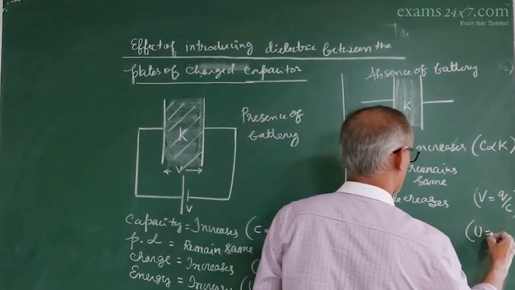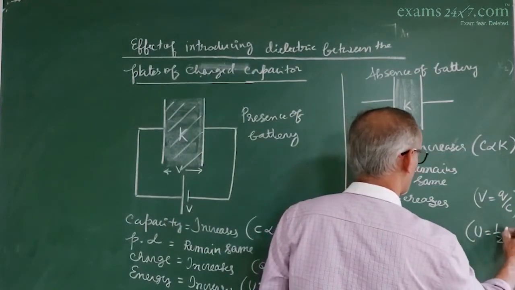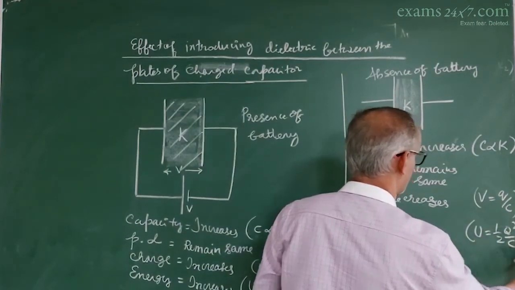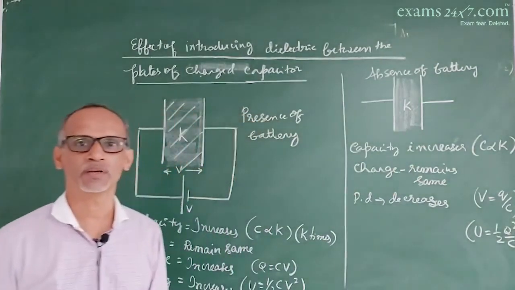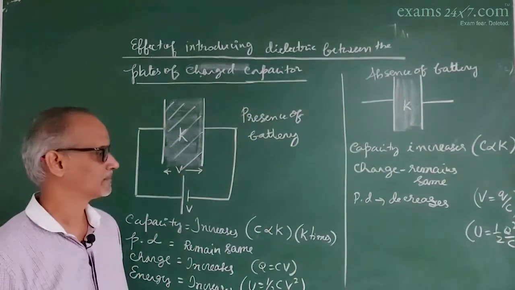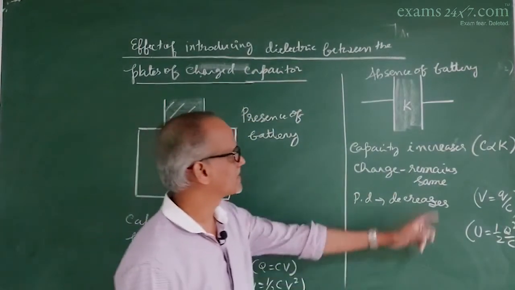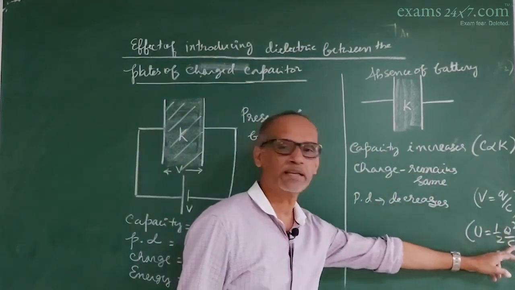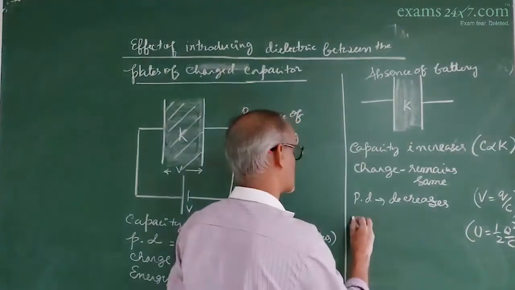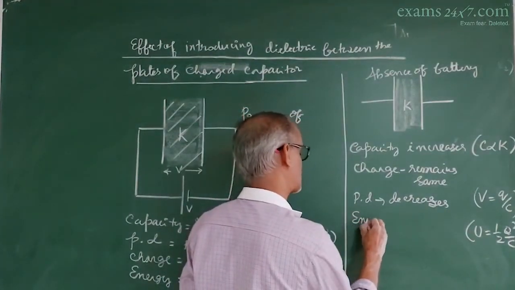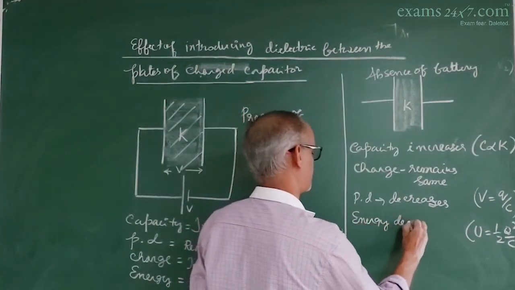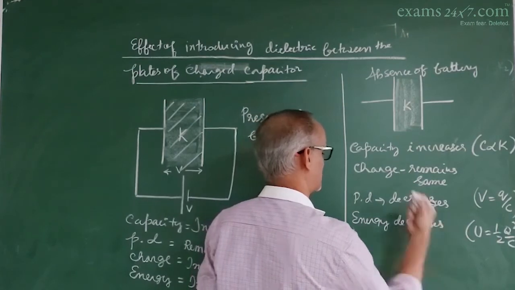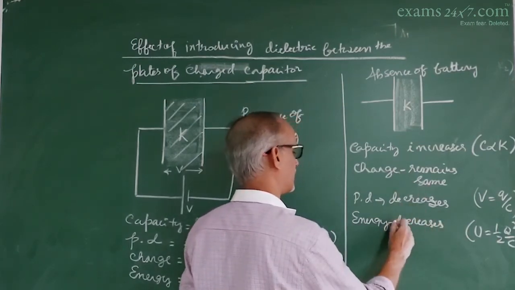I will use the format of the energy U is equal to half Q square by C. Here Q is constant, Q remains the same. C increases, therefore U has to decrease. So energy decreases, again by K times.